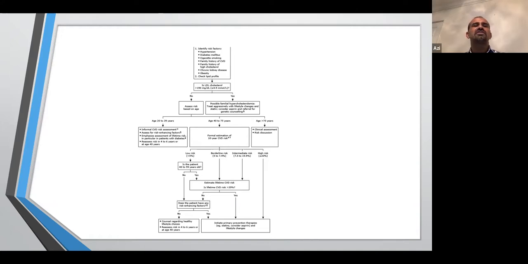Most patients fall in the category of 40 to 75, where when we calculate the risk, if it is intermediate to high risk, we initiate primary prevention strategies, which is statin, as I said, aspirin, lifestyle changes, which means exercise, losing weight, and going down on BMI, target less than 30 BMI. And if it is not achieved, even bariatric surgery is also recommended. Next slide.